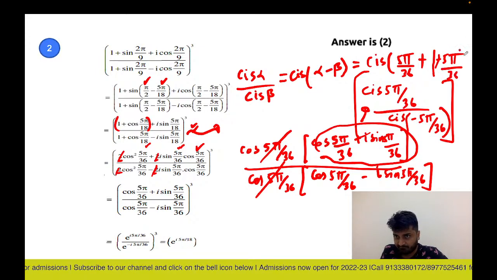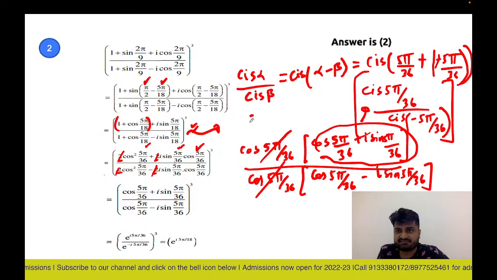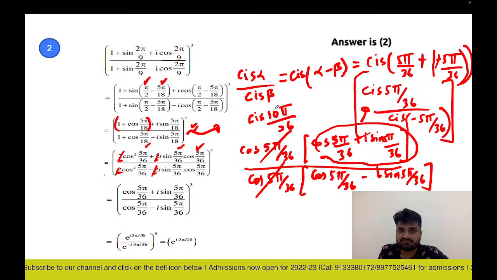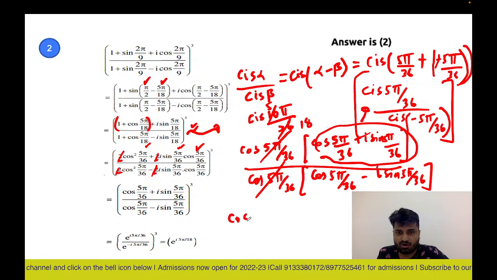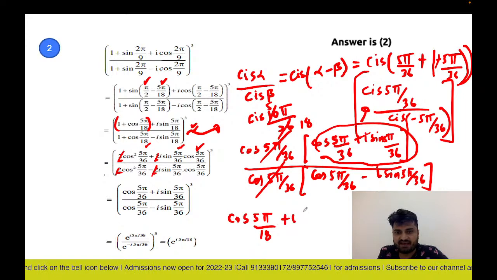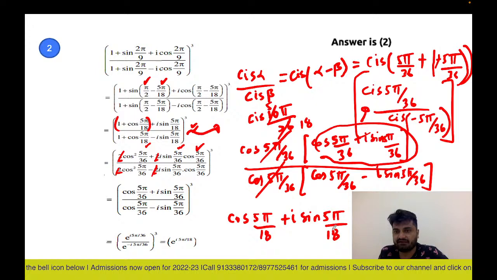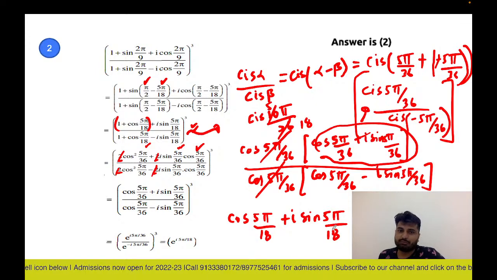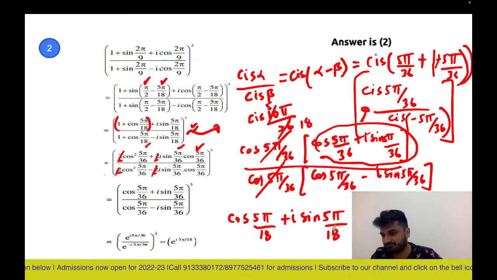So this is nothing but cis 10 pi by 36. 2 5s, 2 18s. So it is cis 5 pi by 18. So cos 5 pi by 18 plus I sin 5 pi by 18 is what we will get. So that will give us the final answer.